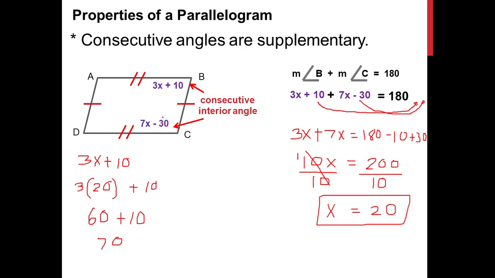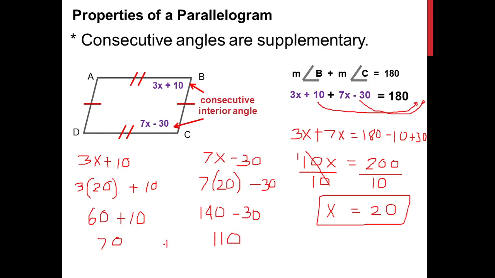Now let's try to substitute it here. 7x minus 30, 7 times 20 minus 30. 7 times 20, that is 140, minus 30. 140 minus 30 is 110.